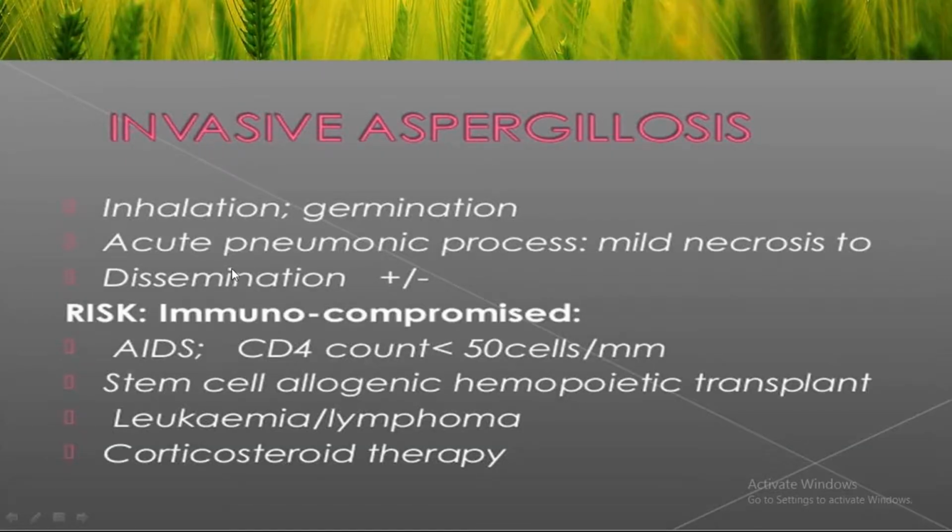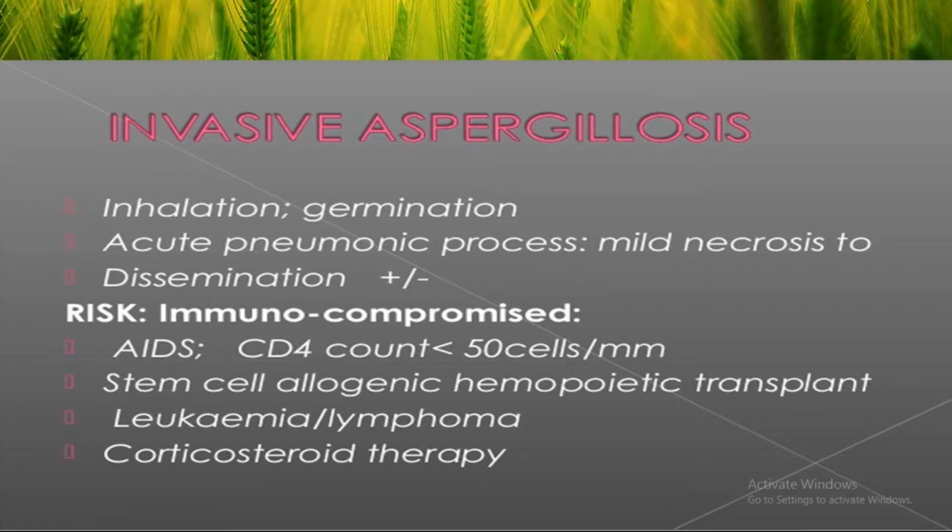Invasive aspergillosis, in which inhalation of the conidia takes place, and then the conidia will germinate and cause an acute pneumonic process with mild necrosis. Dissemination may or may not be there. This invasive aspergillosis usually occurs in an immunocompromised patient.